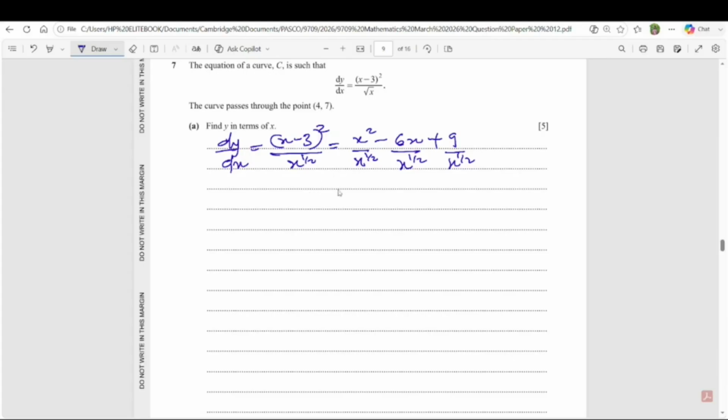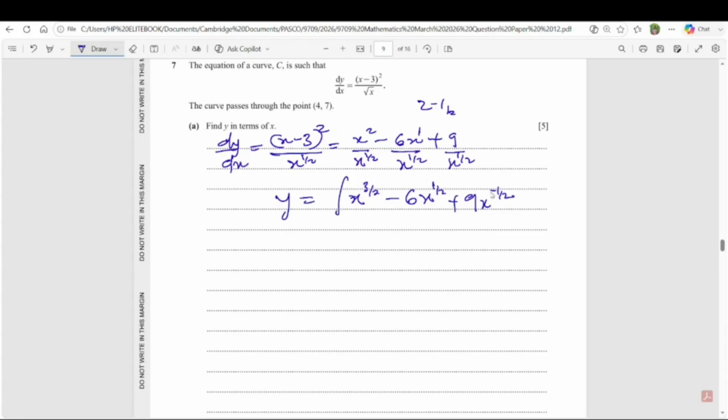For the first part, we subtract the exponents, so 2 minus half, which is 3 over 2. The next one is 6, this is exponent 1, so 1 minus half, which is also half. And then plus 9x exponent negative half. So this is our dy/dx, but then we are going to integrate this function finally.